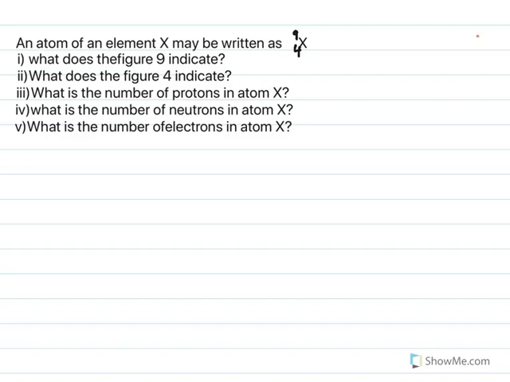Atom of an element is represented by X. Let me just write this first, X, and this is 9 and here it is 4. 9 will represent the mass number, the number on the top always, and 4 will represent the atomic number.